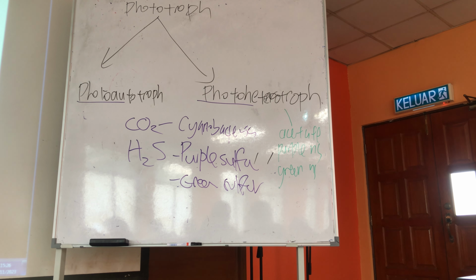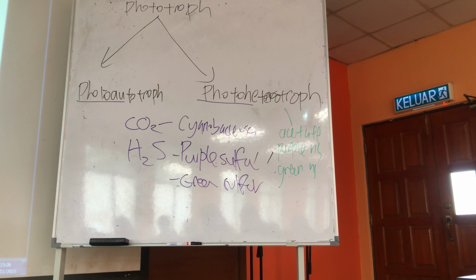In terms of the carbon requirement, you remember that they are photoautotrophs, meaning they get the carbon from an inorganic source. Earlier we learned that the carbon comes from CO2 for the cyanobacteria, and for the purple and green sulfur bacteria, from hydrogen sulfide.